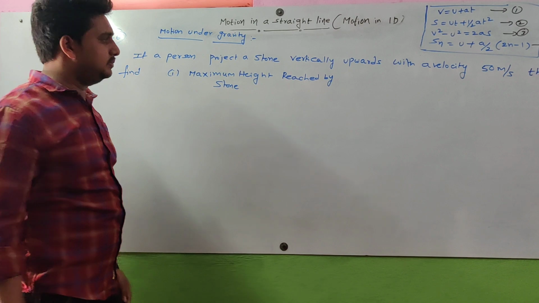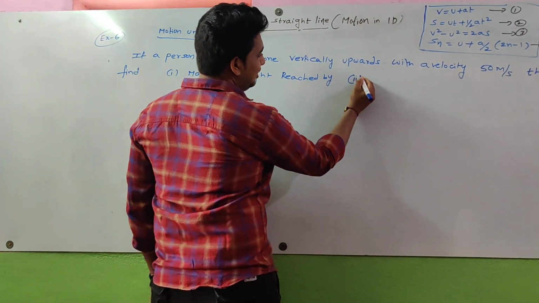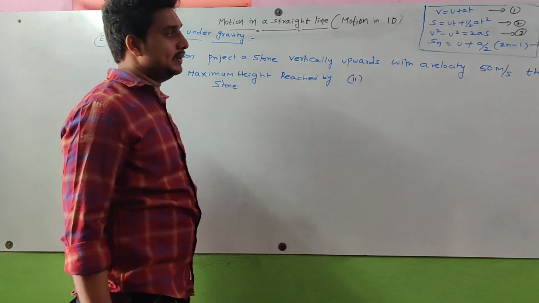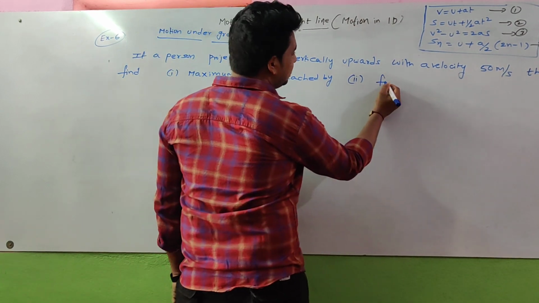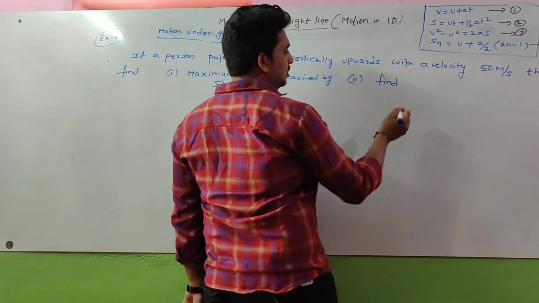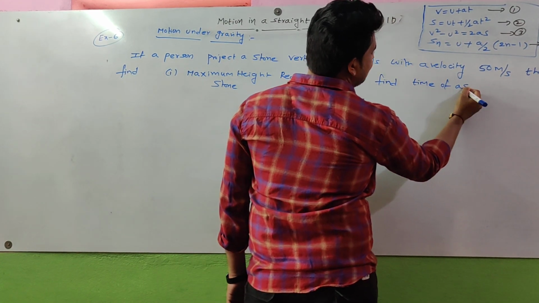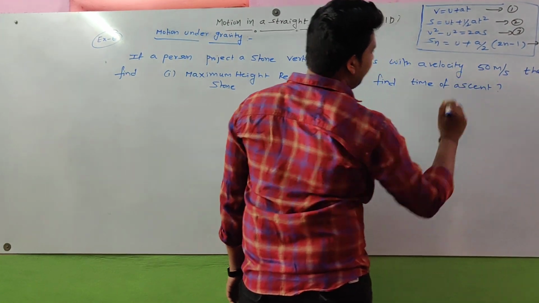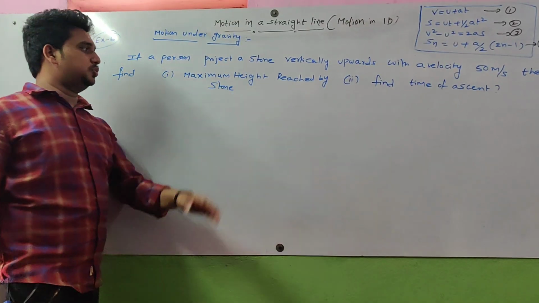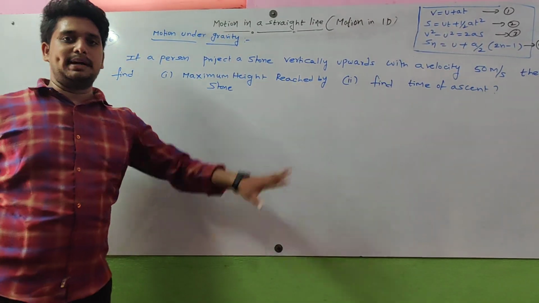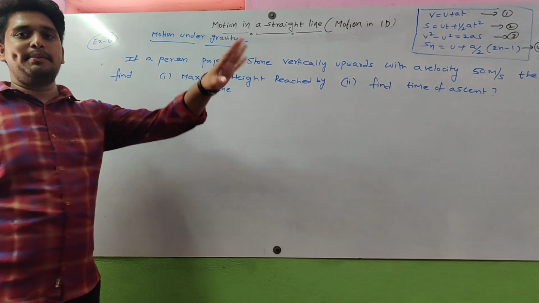This is the first part. Next, the second question is find the time of ascent. So these two: maximum height reached by the stone we need to find, and find the time of ascent.